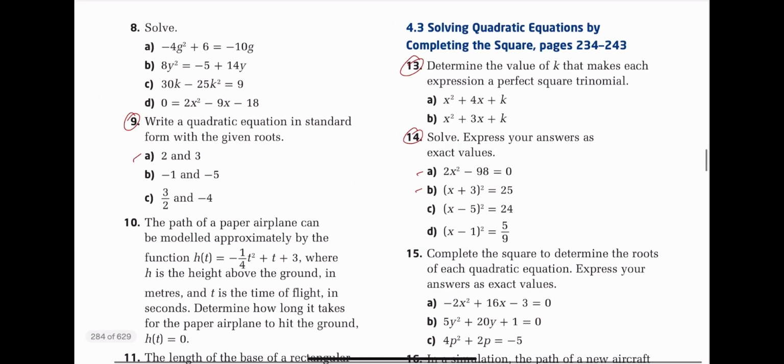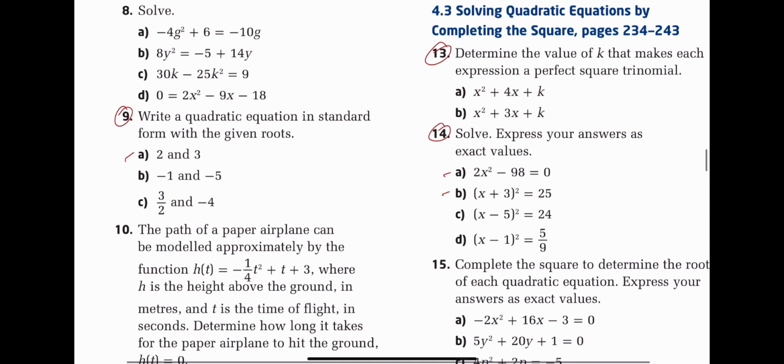Same thing, number 8 is solving exactly the same thing. So let us do number 9. We write a quadratic equation in standard form with the given roots. Very easy question. This is your x, so you can write x plus 2, x minus 2, and x minus 2 times x minus 3.